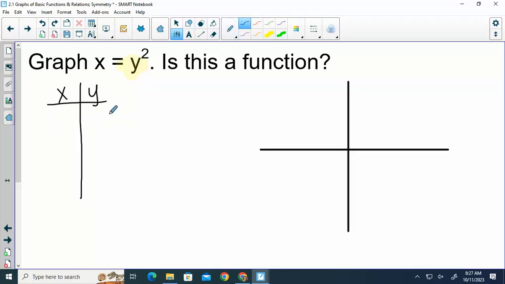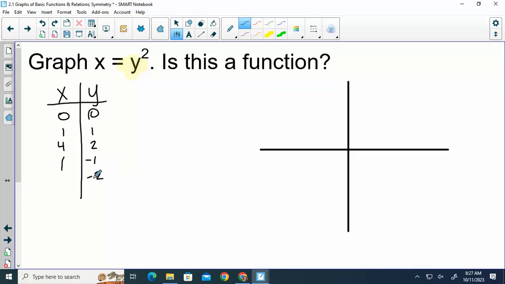So when we put in points, I'm always having you do zeros, some positives, and some negatives. So let's try it. 0 squared is 0. 1 squared is 1. 2 squared, 4. Negative 1 squared is positive 1.